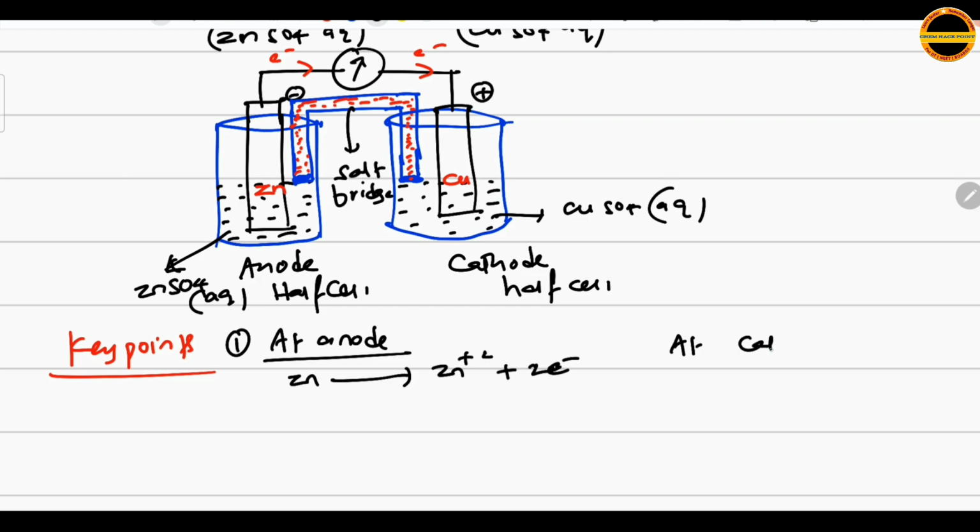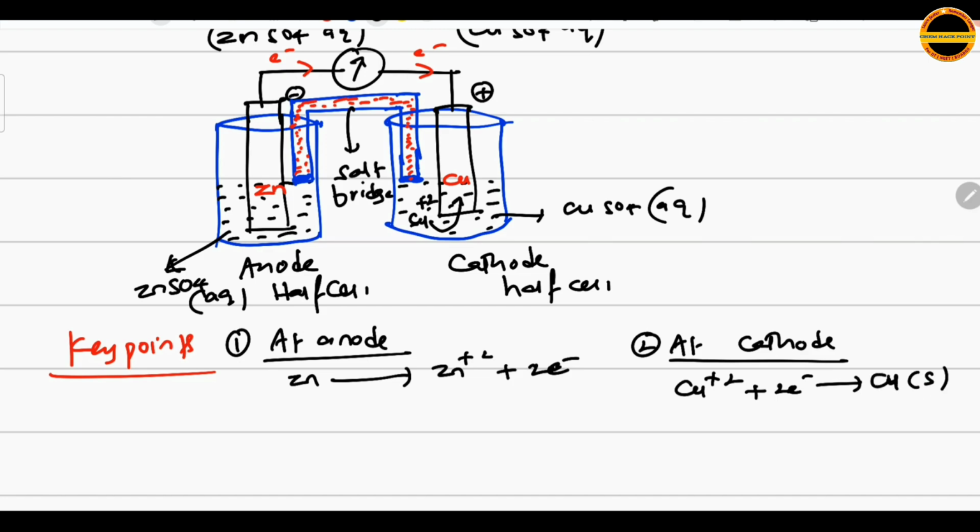At cathode, Cu2+ ions from solution, because copper sulfate contains Cu2+ ions, gain electrons from cathode, undergo reduction and convert into Cu solid, which is deposited on the copper electrode.